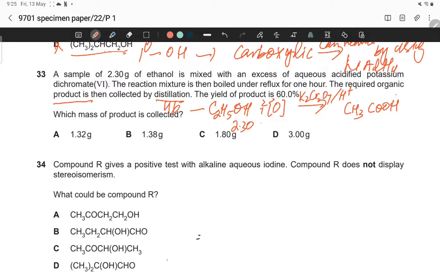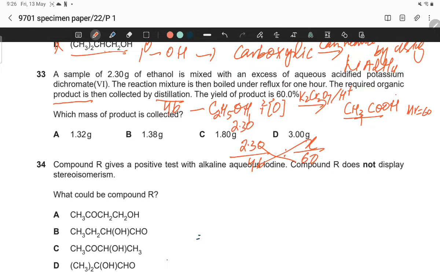If this is a 1-to-1 ratio, then 2.30 divided by 46 equals x over the Mr of 60. By cross multiplying, we get the mass of the ethanoic acid.